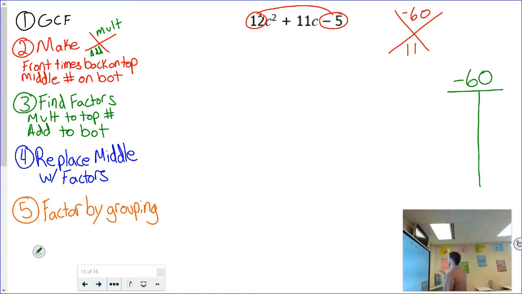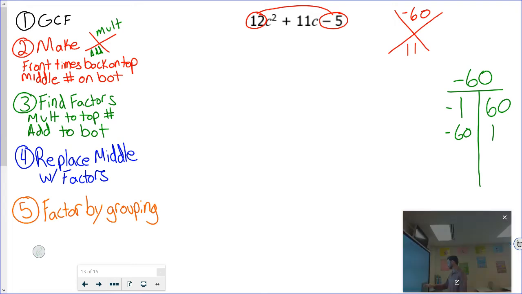Don't forget things like 1 times 60. But remember, that's positive, so we need one of these two things to be a negative. You can either list all of them out, or you can remind yourself in your head that you're going to be subtracting. So remember, it could be -1 and 60, or it could be -60 and 1, both of which would multiply to be -60.